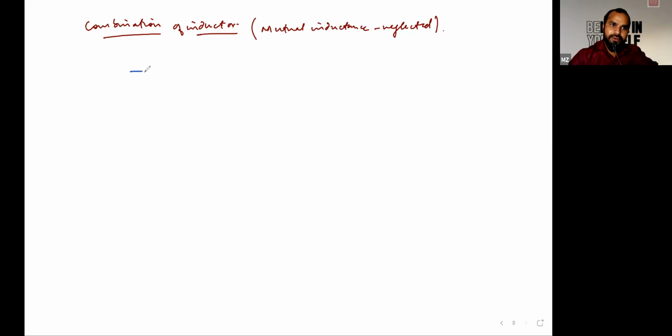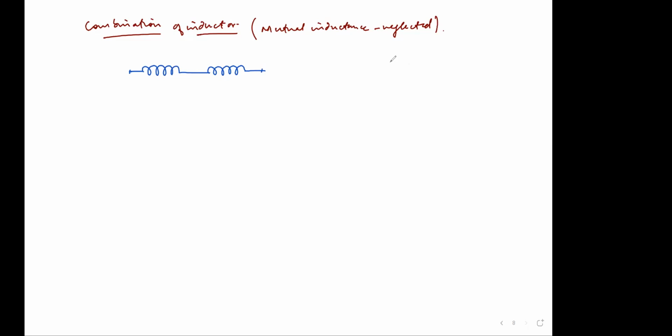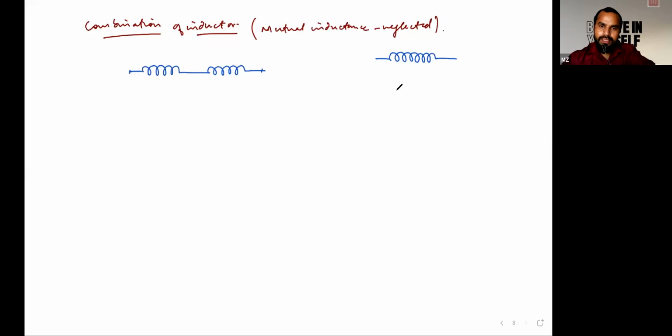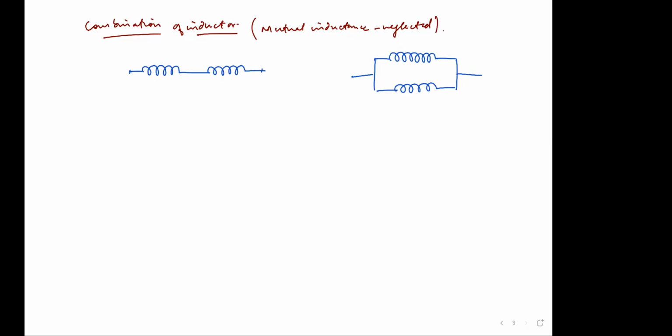So suppose you have one coil and another coil. In which combination are these two coils arranged, series or parallel? There is one coil here, another coil here, and they are connected like this. So it will be parallel.